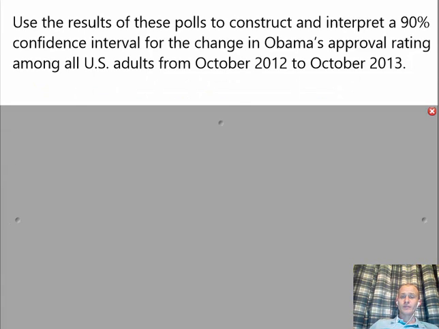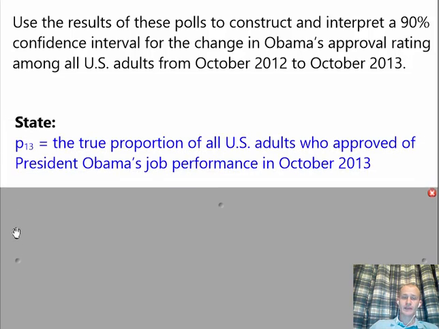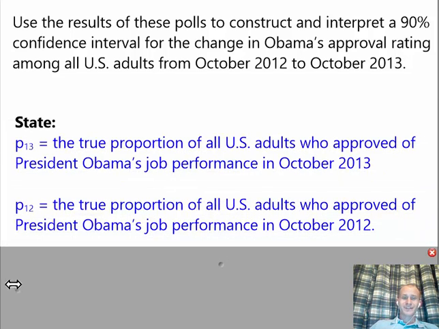Use the results from these polls to construct and interpret a 90% confidence interval for the change in Obama's approval rating among all U.S. adults from October 2012 to October 2013. So what we're going to construct here is a confidence interval. We're going to be using some notation, so one of the first things we'll need to do is establish what that notation means. We're going to state those proportions.